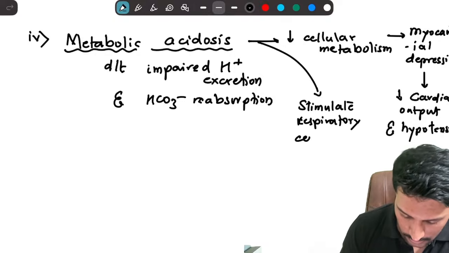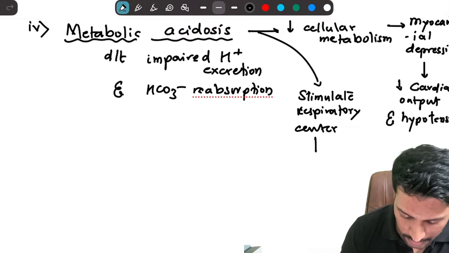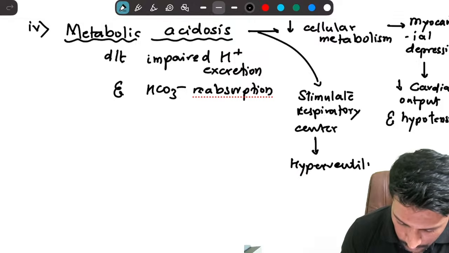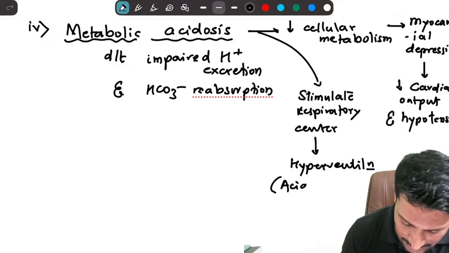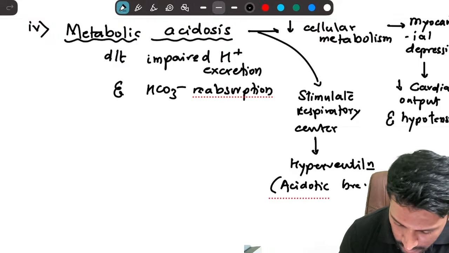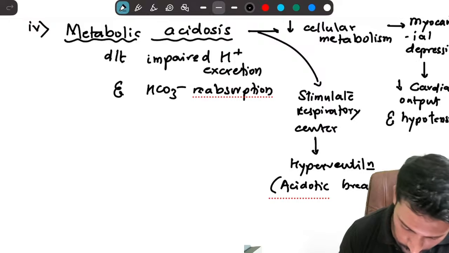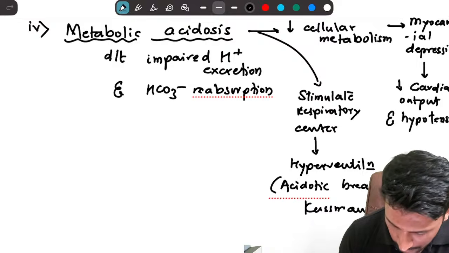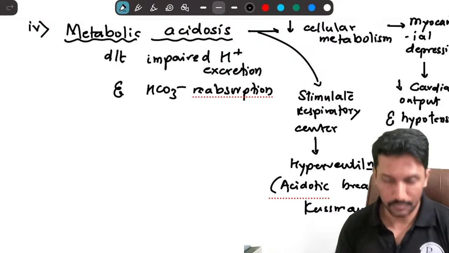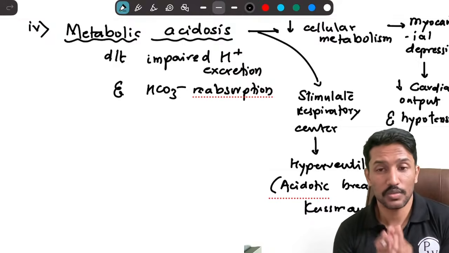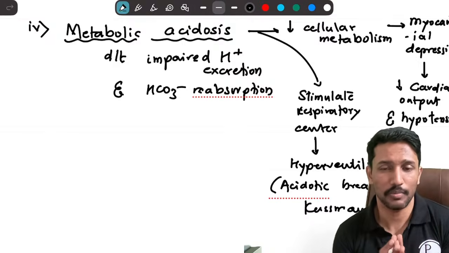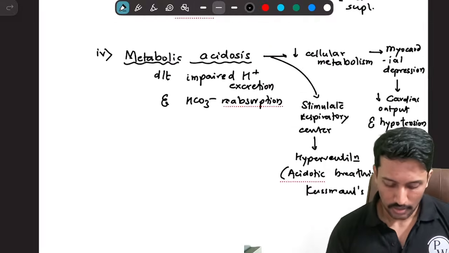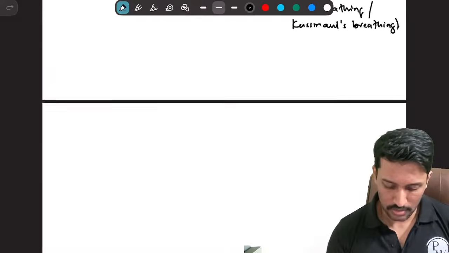And once the respiratory center gets stimulated, there will be hyperventilation, and we call this acidotic breathing or Kussmaul's breathing. So can severe metabolic acidosis be the reason for death? Well, if it is suppressing the myocardial activity to the point where you end up with shock, it can lead to death. Now, how am I going to manage this metabolic acidosis?